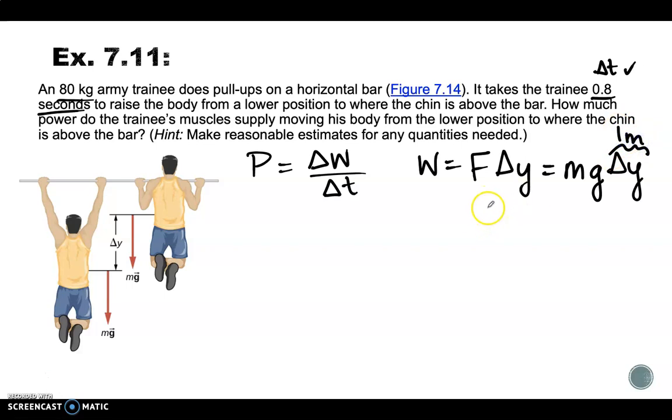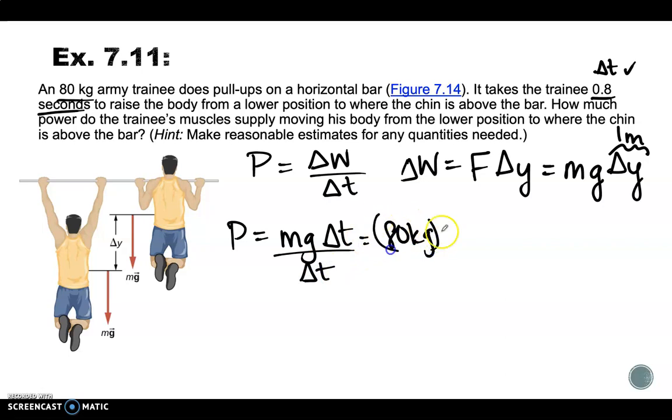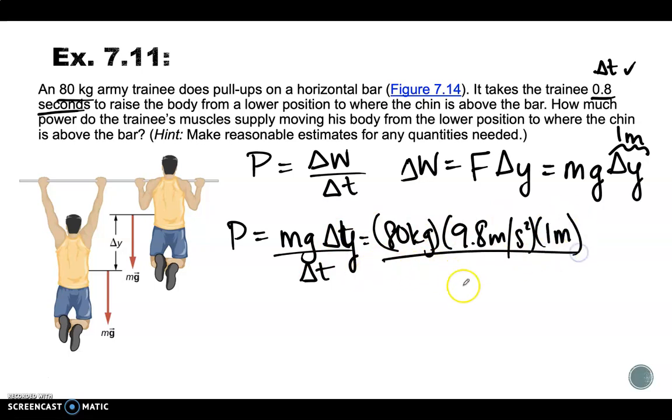So then we can plug this in. We have our power is equal to mg delta Y over delta T, or 80 kilograms times 9.8 meters per second squared, times our change in Y, not T, sorry about that. We'll say it's about 1 meter, over our change in time, and we'll say it's 0.8 seconds.